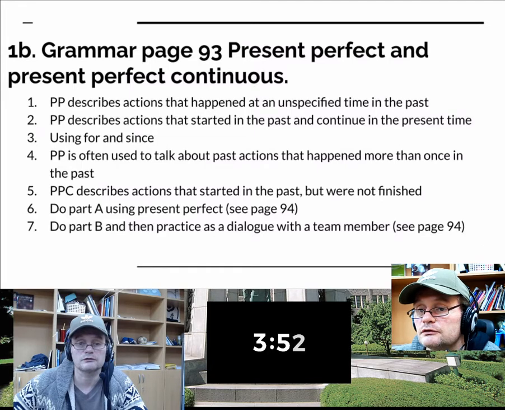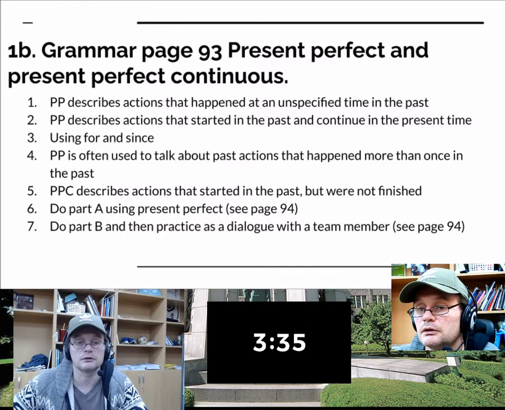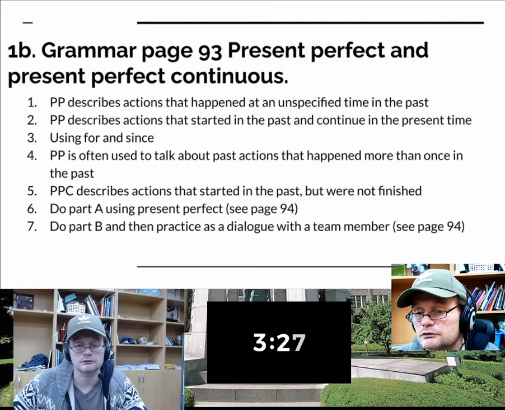Present perfect is often used to talk about past actions that happened more than once in the past. And number 5, present perfect continuous describes actions that started in the past but were not finished. So go to the book, look at the section about the grammar, understand it, and then do activities 6 and 7. I'll give you another 3.5 minutes to do this.